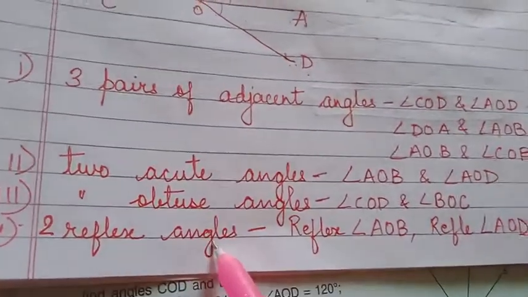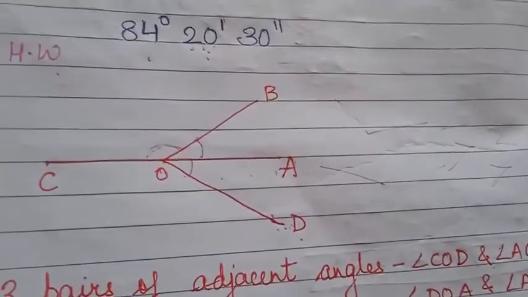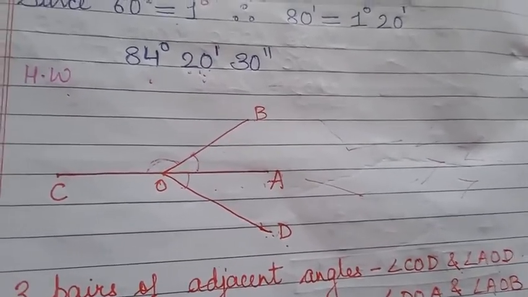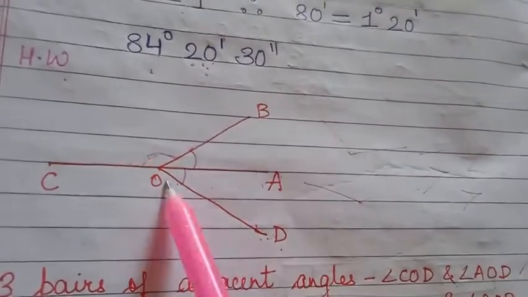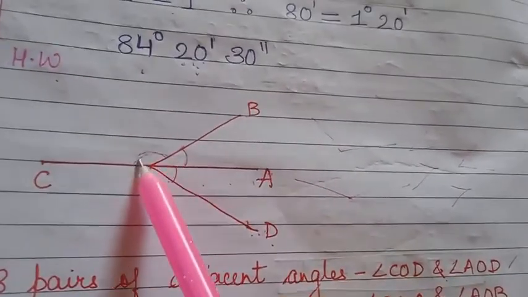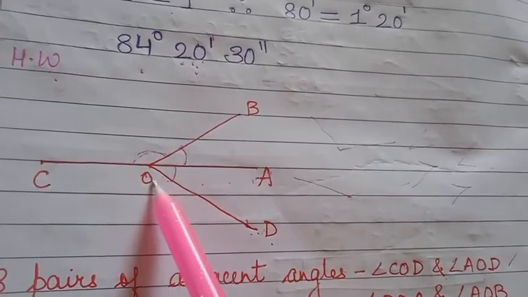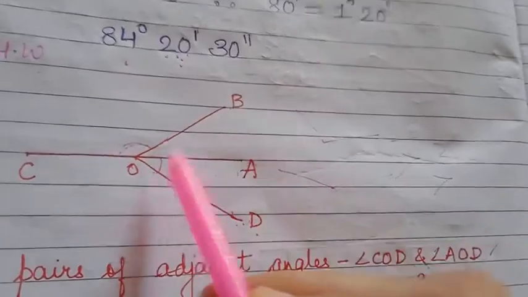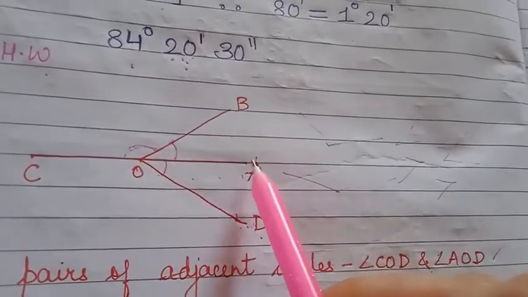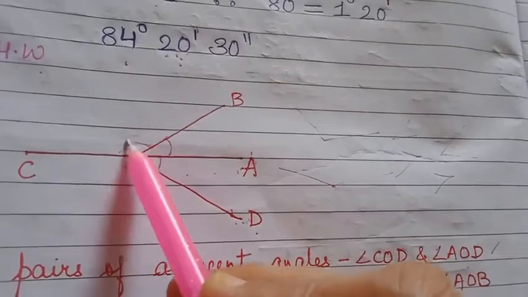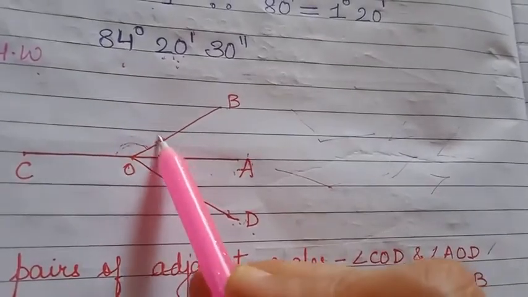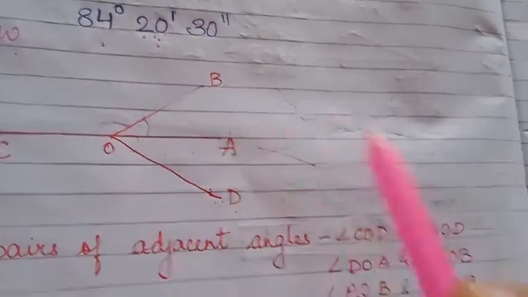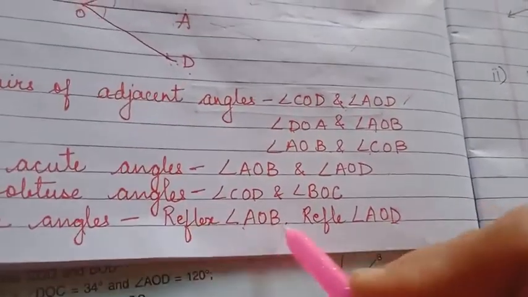Two reflex angles. Naming is the same, only you have to write reflex there. So if I choose AOB, reflex AOB means this. Reflex angle AOB means leaving acute angle AOB, everything from here to here, here to here, that is outside angle AOB, is reflex angle AOB.